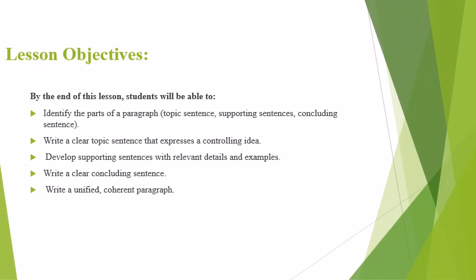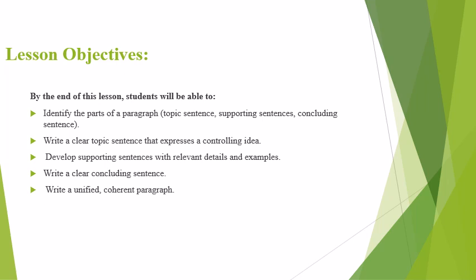The main objective of today's lesson is to define what is a paragraph and identify the different parts and types of paragraph. Thus, by the end of this lesson, students will be able to identify the different parts of a paragraph, starting from topic sentence, supporting sentences, and concluding sentence.